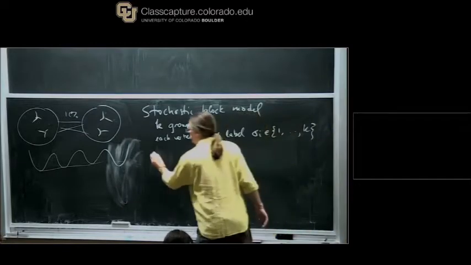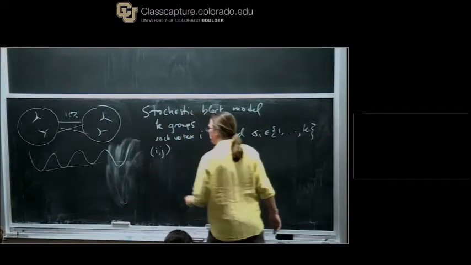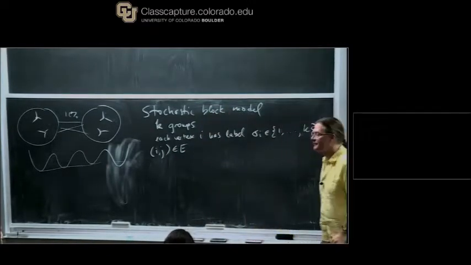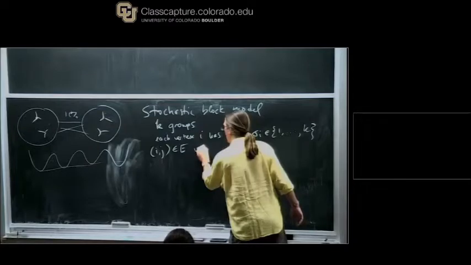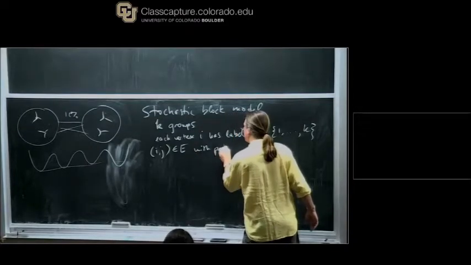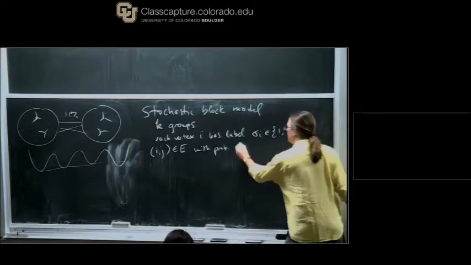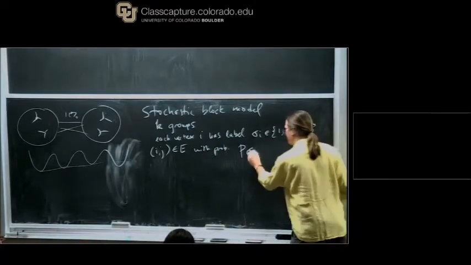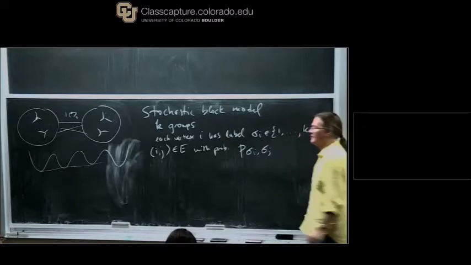And then two vertices i and j are connected, they belong to the set of edges, with probability, I'll call it P sub, I hate double subscripts, but sorry, sigma i comma sigma j.